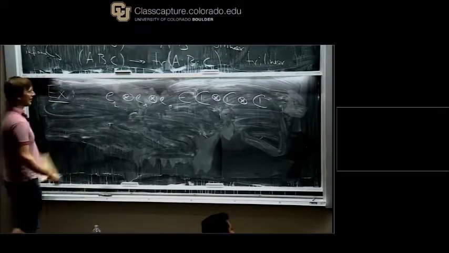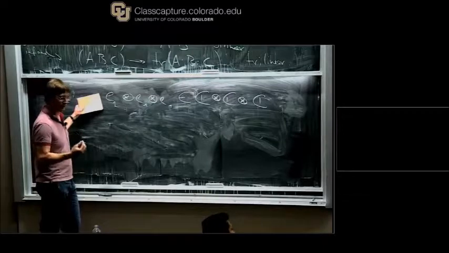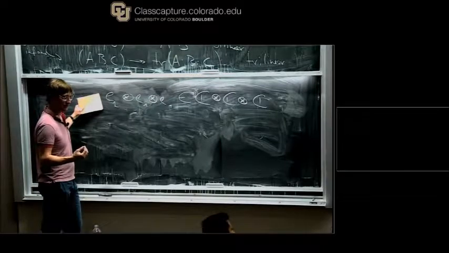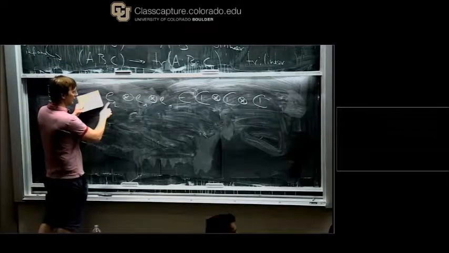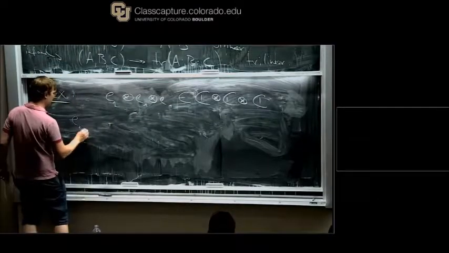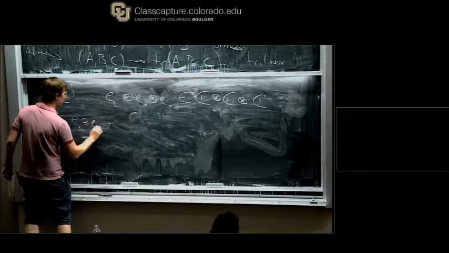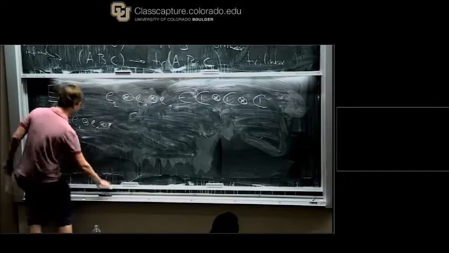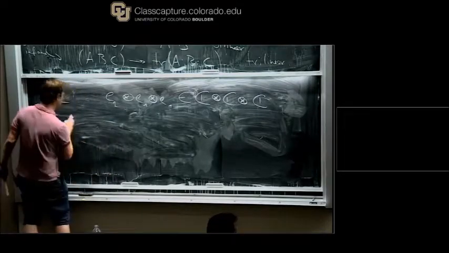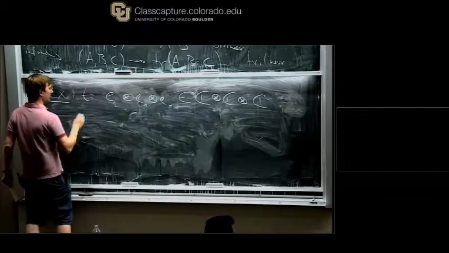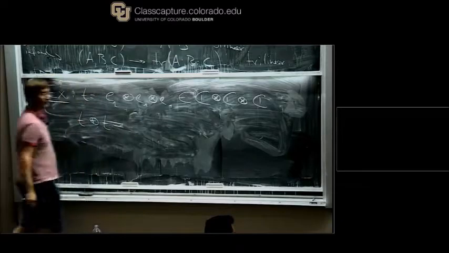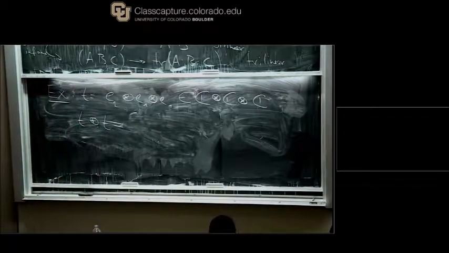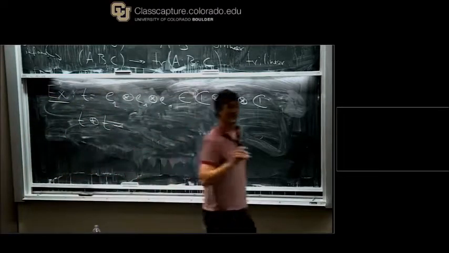Now I take the direct sum of this thing with itself. What I want to do is say, what is this? E1 tensor E1 tensor E1, let me call it T. And what is T direct sum T? Can someone see that? Shout it out.